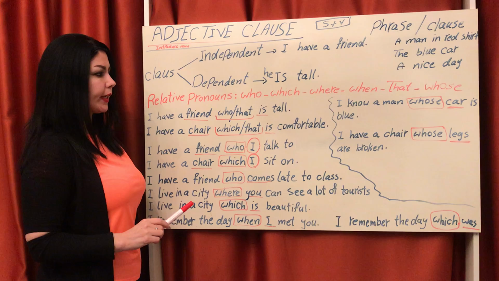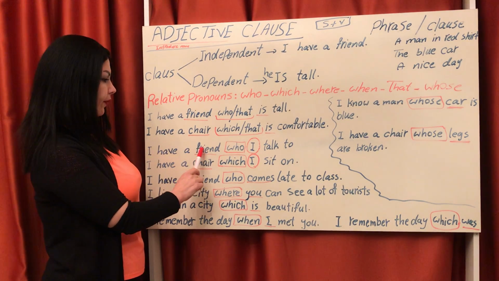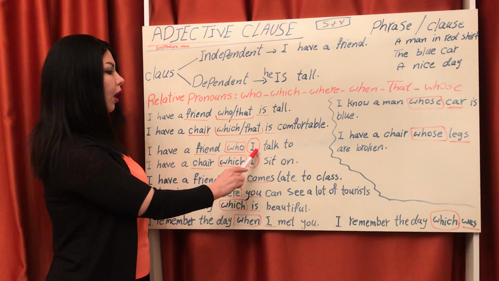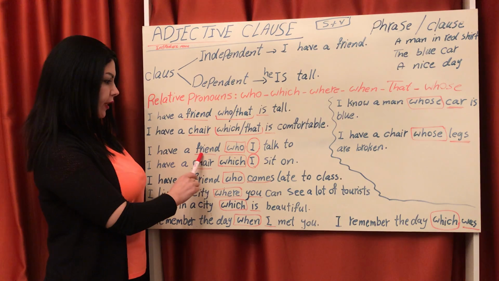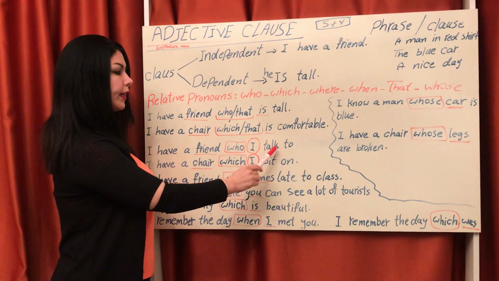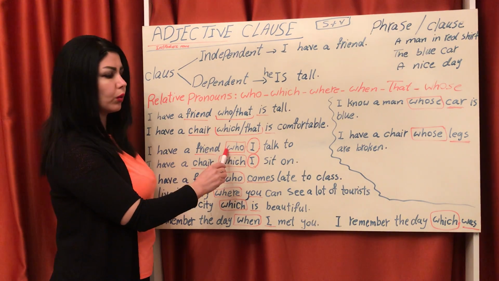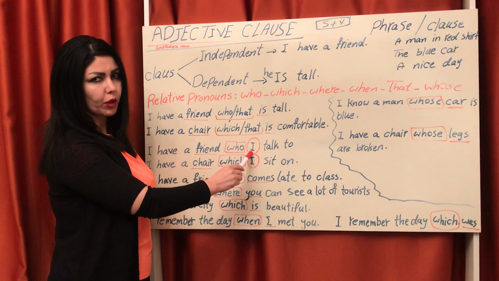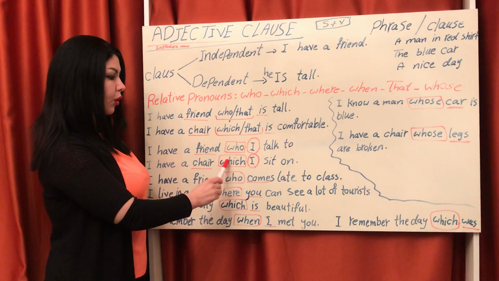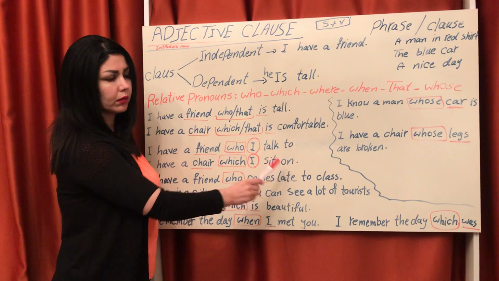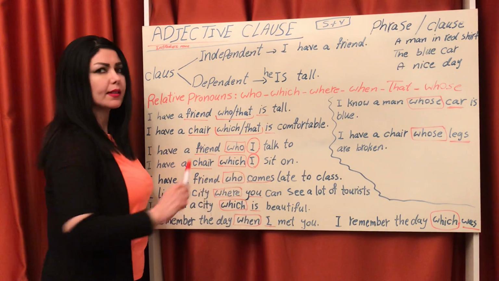Okay? Now, for subject, I have a friend who I talk to. Because of friend, we use who. After that, subject. And here, I have a chair which I sit on.